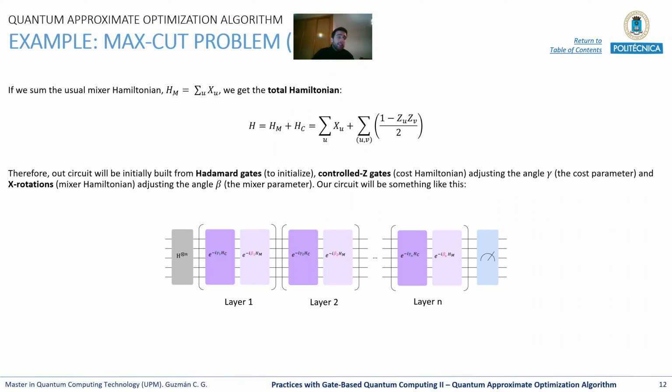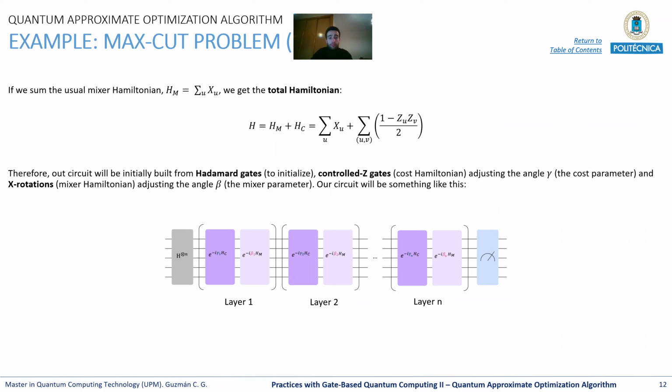When we make the circuit, when we start coding and programming, we will decide when we want to stop optimizing those parameters. When do we think that that would be enough for us to get the optimal solution?